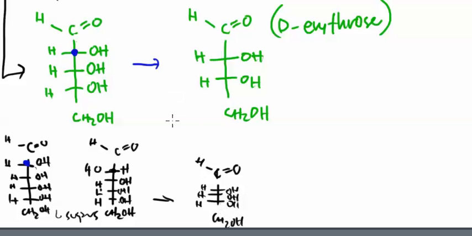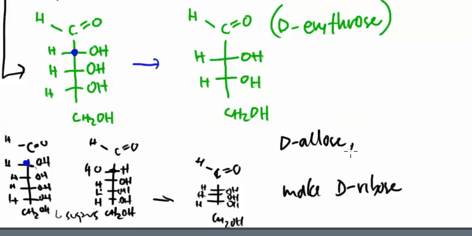So the 2 sugars that could actually make D-ribose under a Wohl degradation are D-allose, that's my first choice, and my second choice is D-altrose.